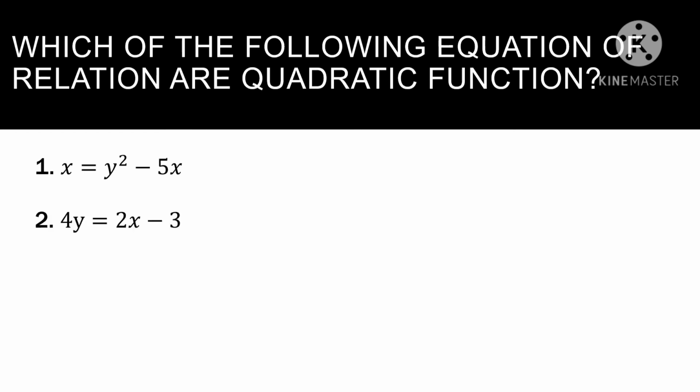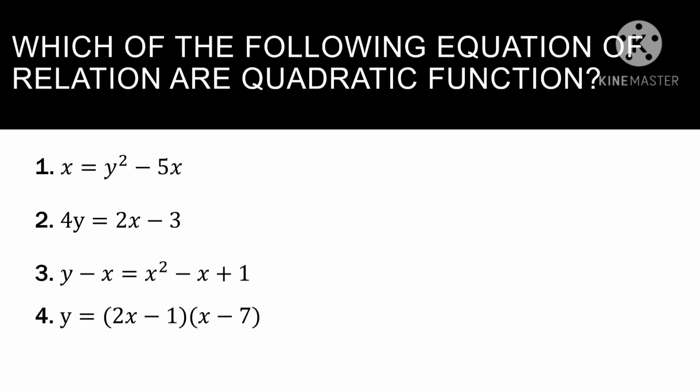You have 4y equals 2x minus 3. Then you have y minus x equals x squared minus x plus 1. You have y equals the quantity of 2x minus 1 times x minus 7. And you have y equals the square of x minus 5, then minus 10. So there are 5 equations. We have to identify which among them are quadratic functions.